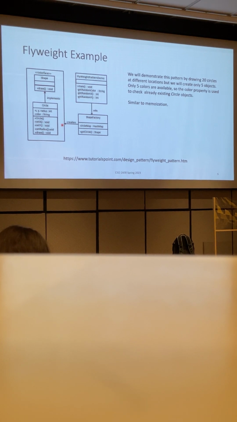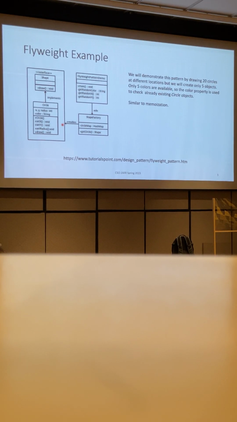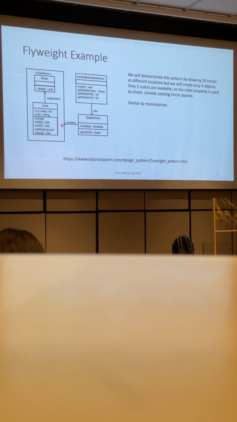So it's the same idea here, right? If we need another red circle, and we already have some red circle, we can just take that red circle and let it have different x, y, and radius. But we save time that we otherwise would have to spend creating a new red circle, because we are using an old red circle.